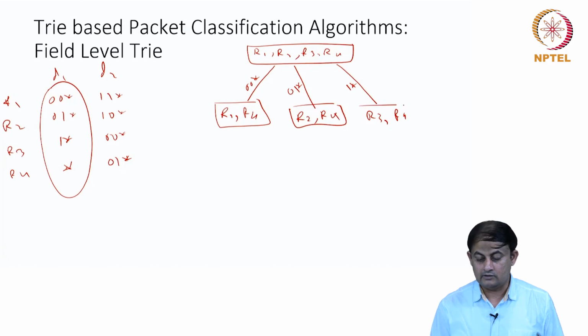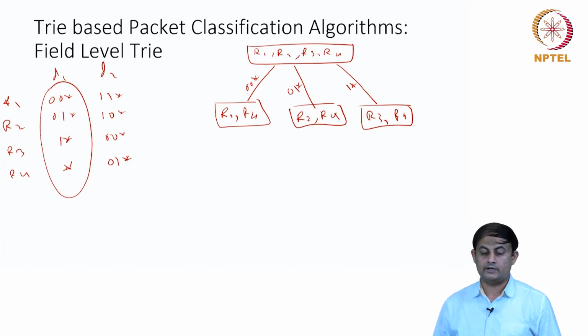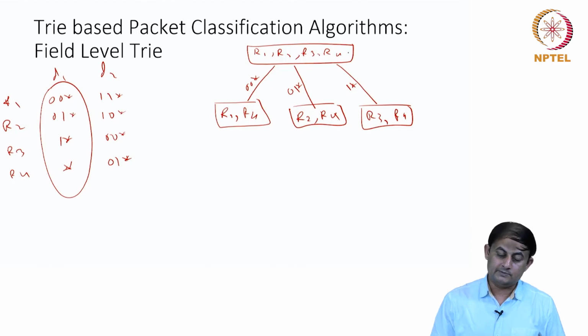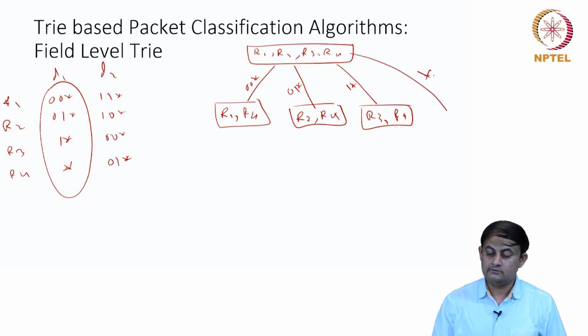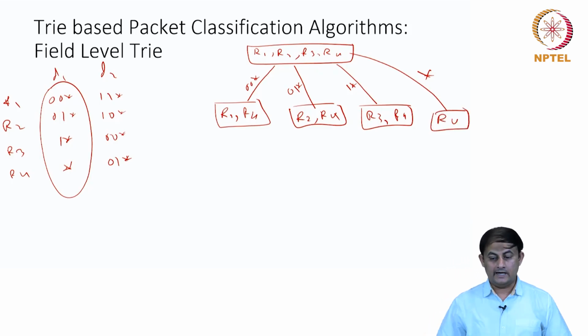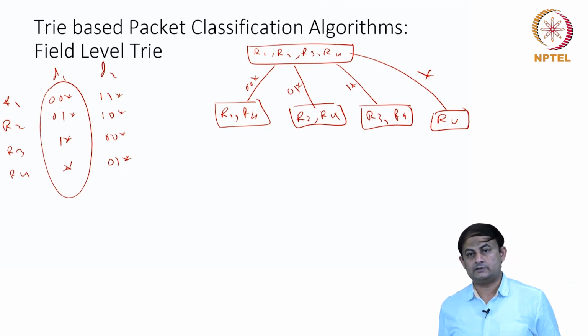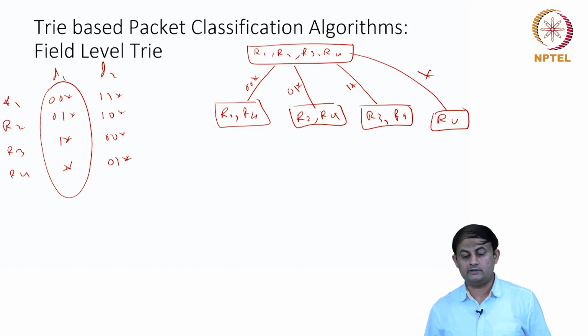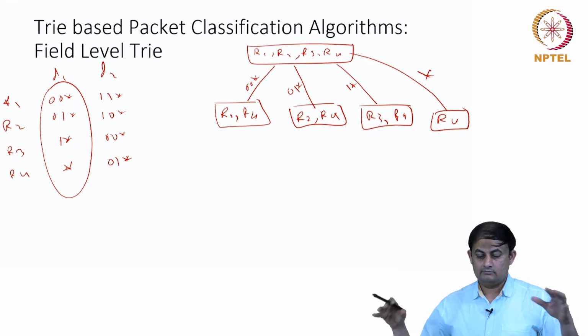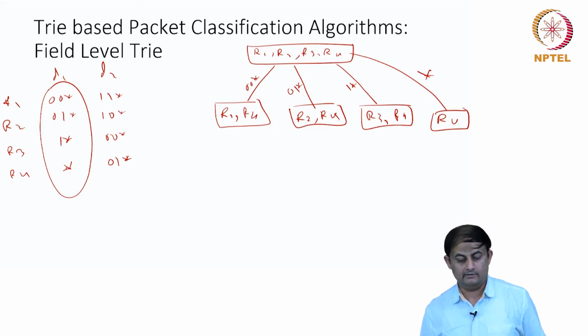But 1 star is a subset of star, so I include R4 as well. If none of these prefixes match, then you take the star route and go to the node. Only here R4 is applicable. So that is the division. Using the unique prefixes at the first dimension, you branch out and create the unique set of rules in the second level.